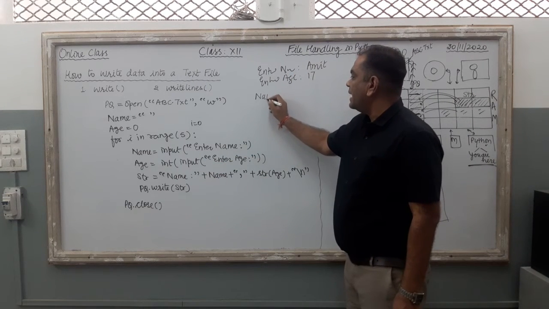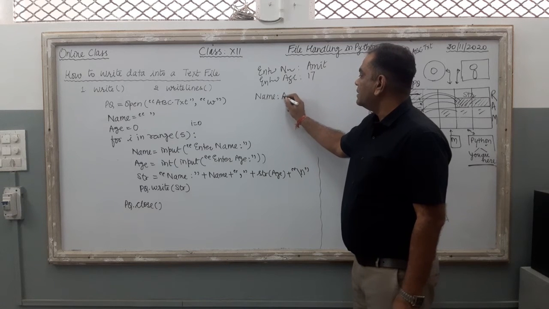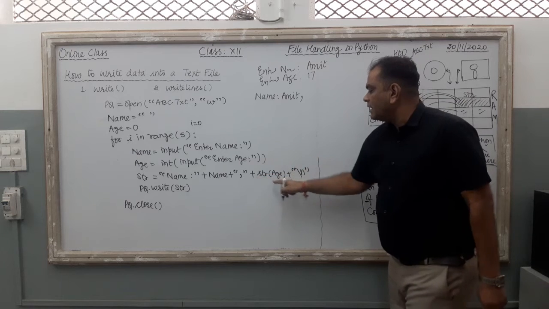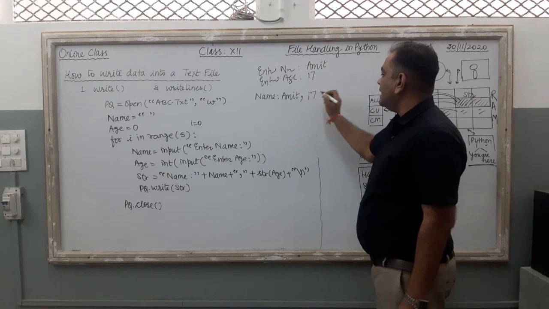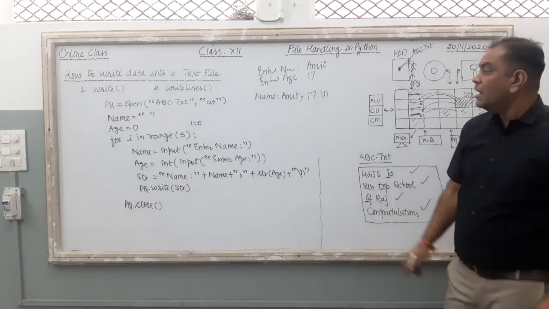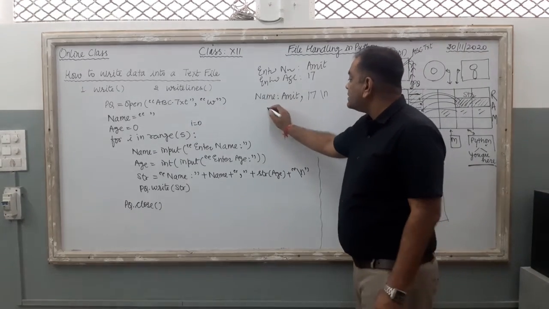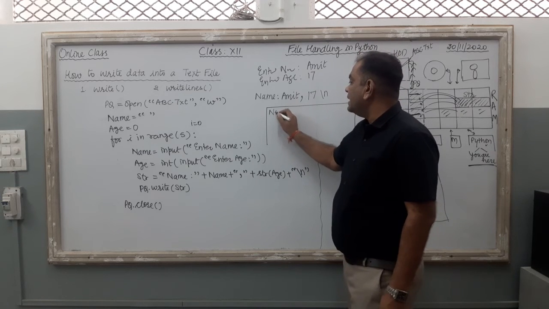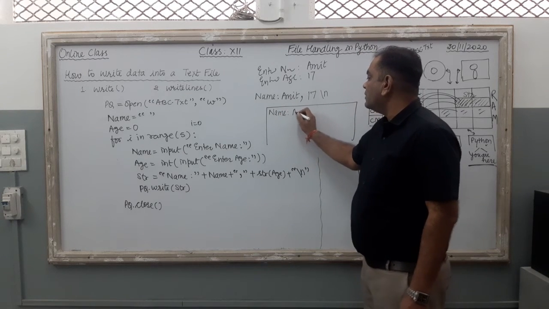String variable में ये आ रहा है name colon Amit. Then comma, right? Then age, it is 17. Then slash n. Here it is there in the string variable. Now the same thing, the same line is going to store inside the file. कैसे आएगी देखो, file कैसे बनेगी? What is the output of the file?